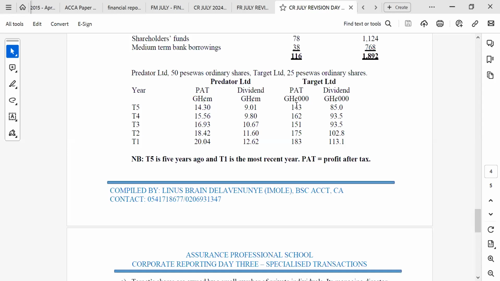I'm having 152.8. The current year will be 133 because we are adjusting the inventory loss against it.